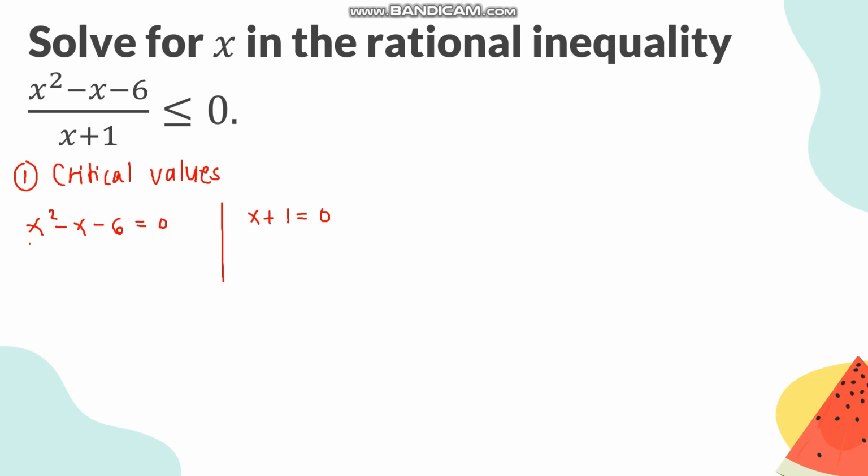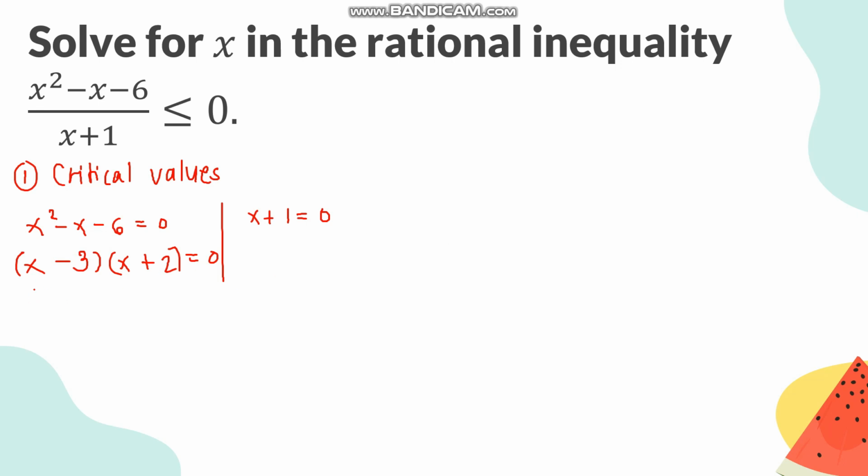So for the first one, this is a trinomial. That means we have to factor this. Factors of x squared are x and x. Factors of -6 that will give us -1 if we add them are -3 and +2. So -3 times +2 is -6, and if you add -3 and 2, that will give us -1.